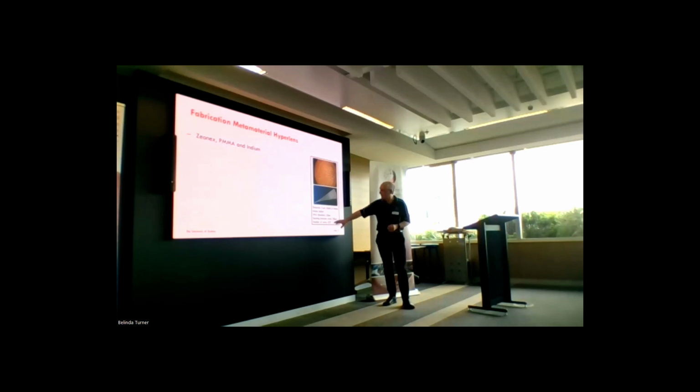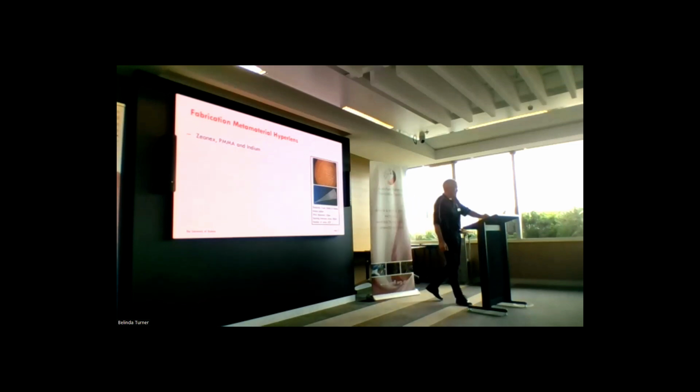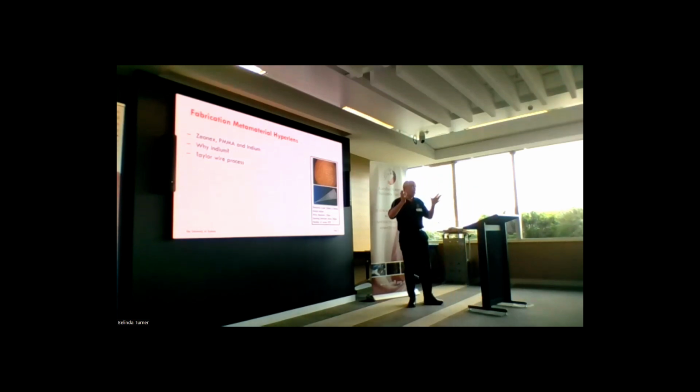This gives an idea: around 500 wires, 50 micron spacing, 10 micron wires. The question, I guess, is why use indium? That's because we're using something called the Taylor wire process. In the draw, the metal is molten at the temperature that the polymer becomes viscous and starts to shrink down.